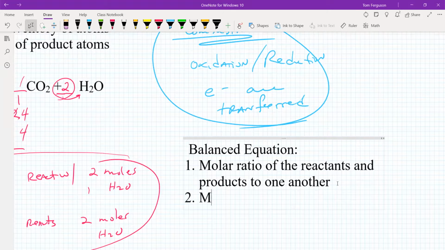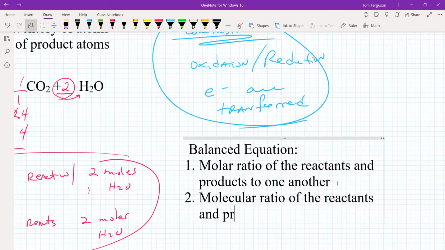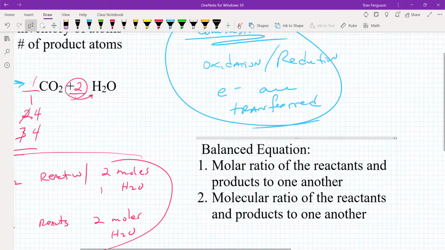It also tells you the molecular ratio of the reactants and products to one another. So it's a molar and a molecular ratio.